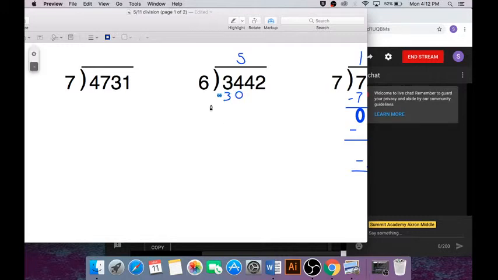Now we have 34 minus 30, which is 4. And we're going to bring down our other 4. So now we need to see how many times 6 goes into 44 without going over. That's going to be 7 times. 7 times 6 is 42.